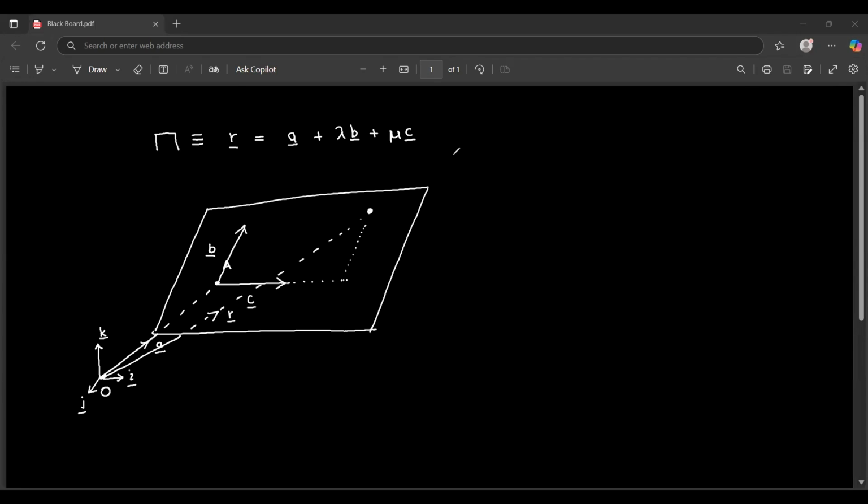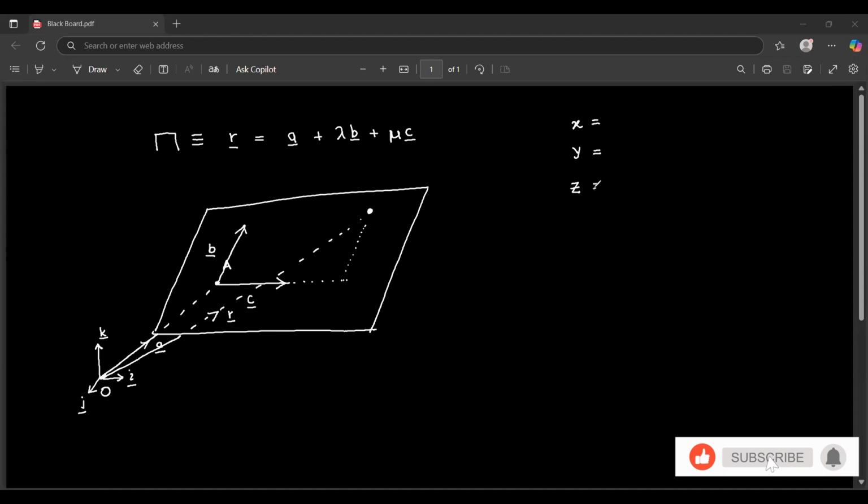Here we can come up with the parametric equations easily. When we were coming up with the parametric equation for the straight line, we just wrote down x, y, z, and then the values given here. So let's write down the values for a, b, and c.